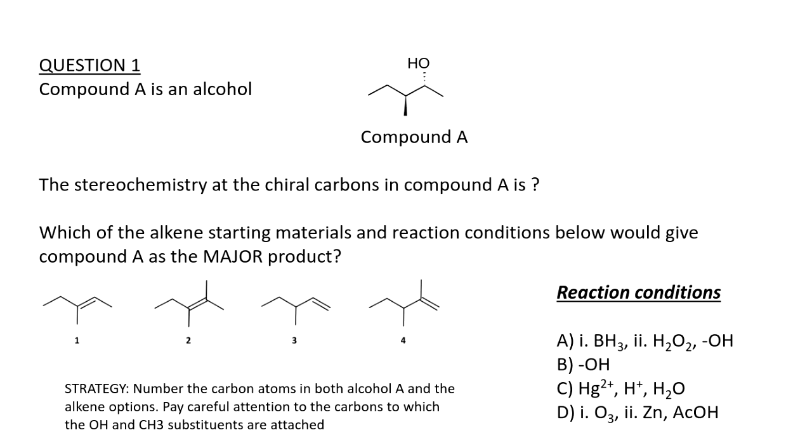So the strategy that you're told to use is to first number the carbon atoms in both the alcohol that you're trying to make and the different alkene options. And that way to determine which alkene could not give you compound A. And then we are also going to look at the different reaction conditions to see which one would give us the desired product.